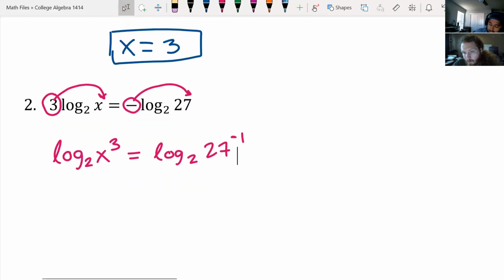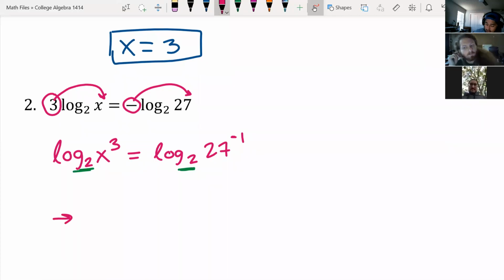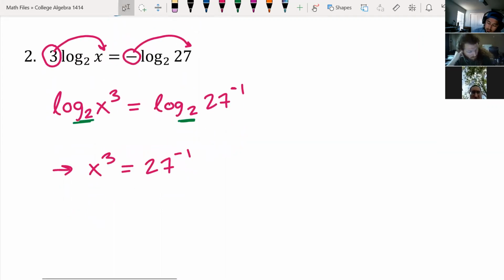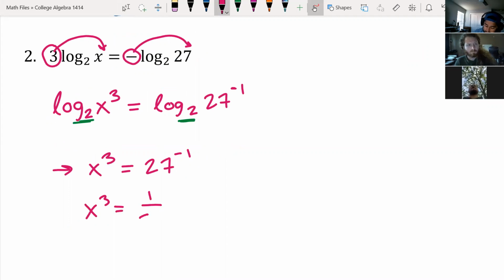Okay. And now we see that the bases are the same, which means you'll set the insides equal to each other, and you'll get x cubed equal to 27 to the negative 1. Okay. Well, to make our work a little easier, we can rewrite 27 to the negative 1 as 1 over 27.